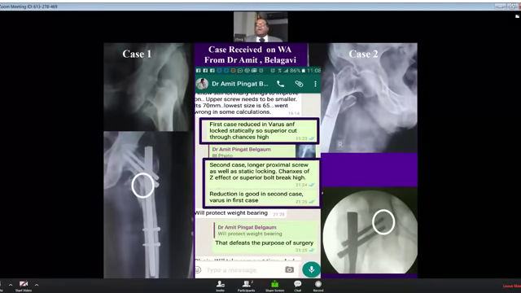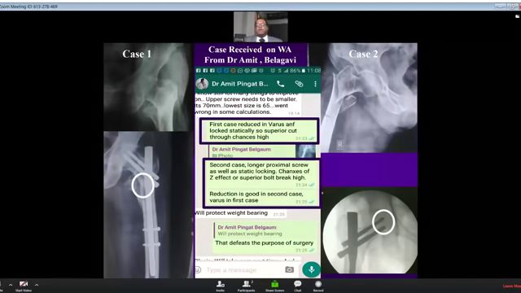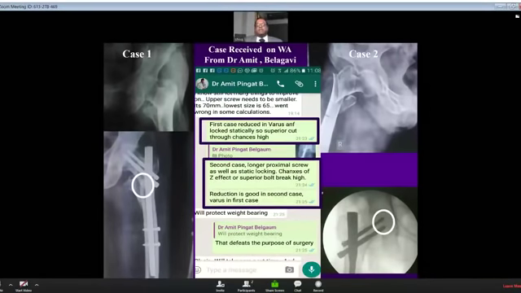Why am I showing this? This we can predict on day 1 itself whether your fixation is good enough or whether your fixation is wrong or there is something wrong and how to improve. That's the reason why I am showing this example. What happened to these 2 cases, I don't know, but definitely this is the principle on which my talk is based.